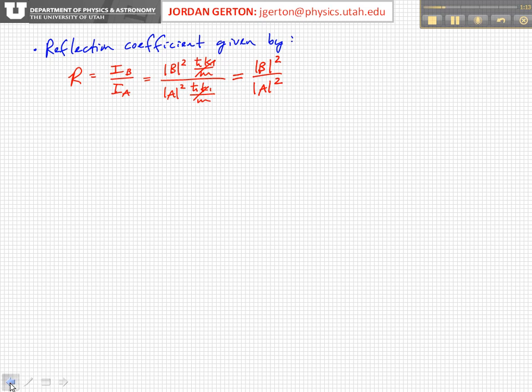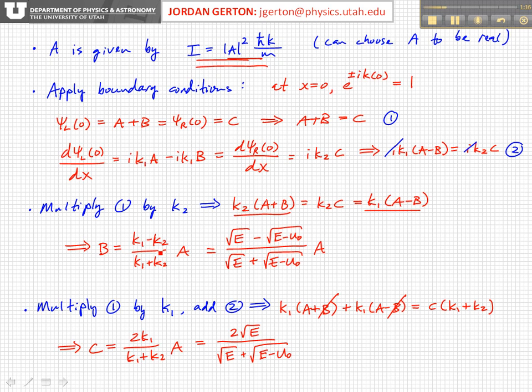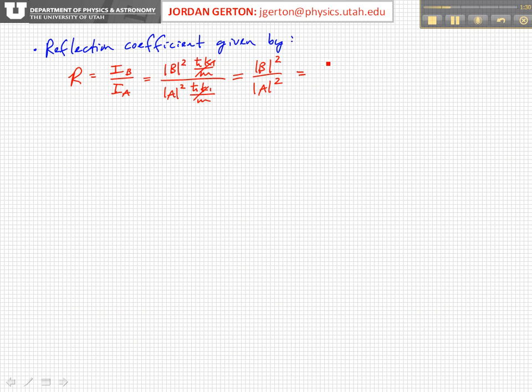And then if we look at what we found, b squared divided by a squared is just this thing squared here. And so this is equal to k1 minus k2 divided by k1 plus k2, this quantity squared.